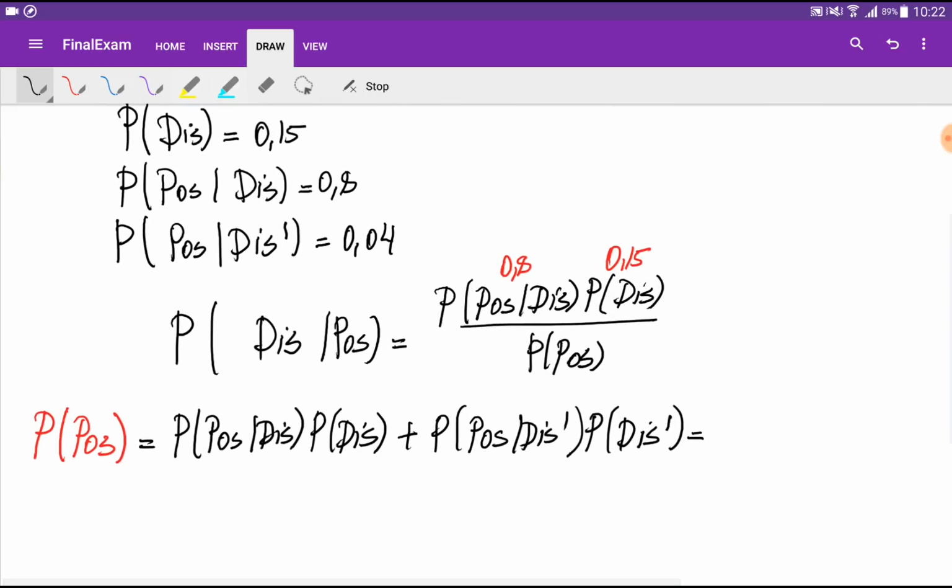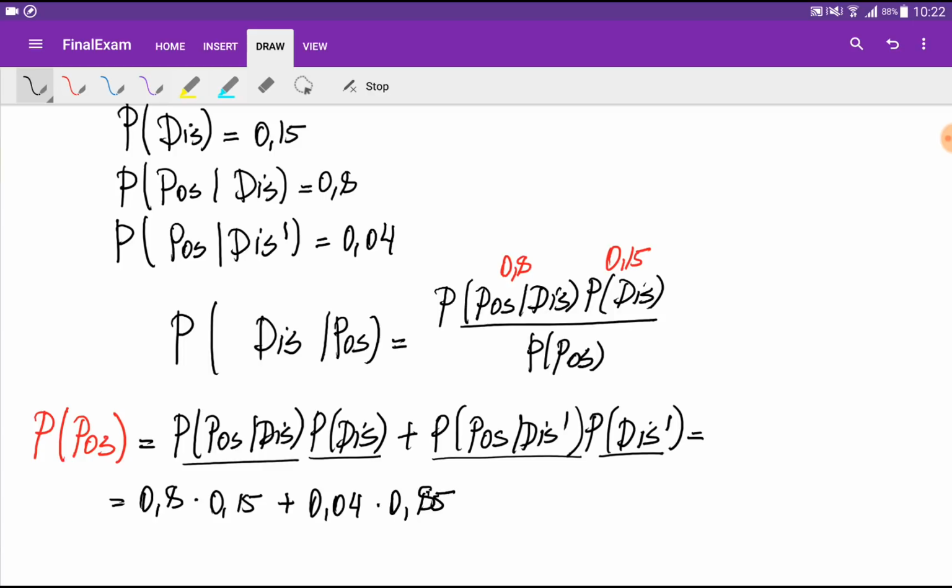So the probability that the test is positive if a person has the disease is 0.8, multiplied by the probability a person has the disease, 0.15, plus the probability the person has a positive test answer if he doesn't have the disease, which is 0.04, and the probability the person doesn't have the disease is equal to 1 minus the probability that the person has the disease, which is going to be equal to 0.85.